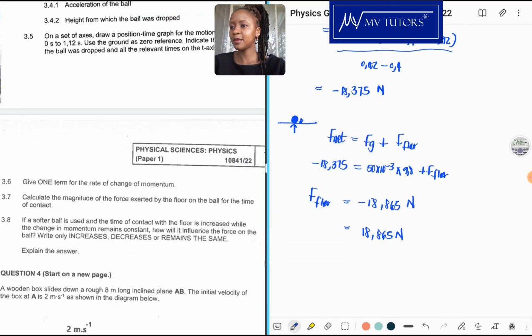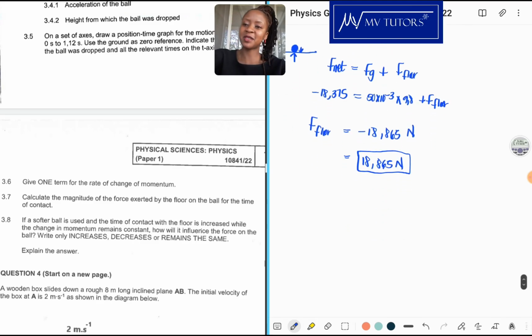They wanted magnitude, so we have to give them the magnitude and not the direction. So that's basically that for 3.7.